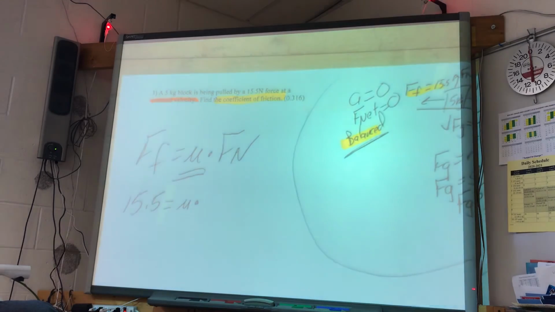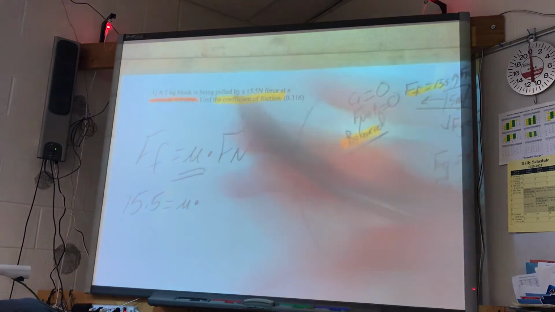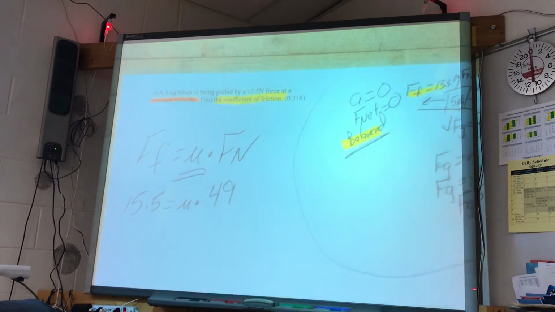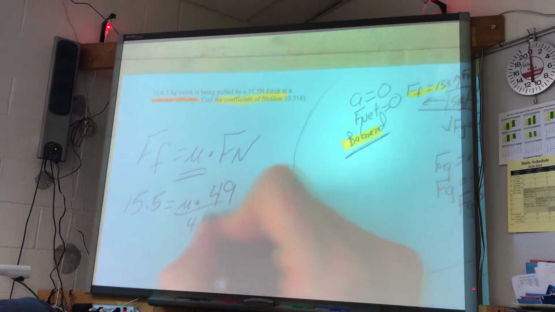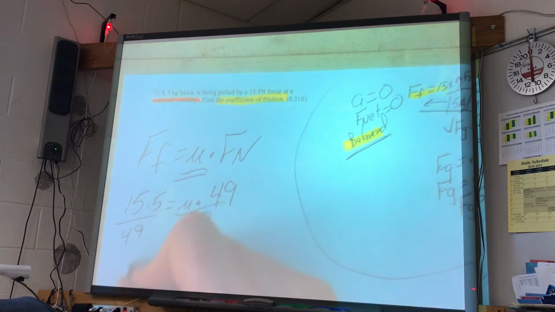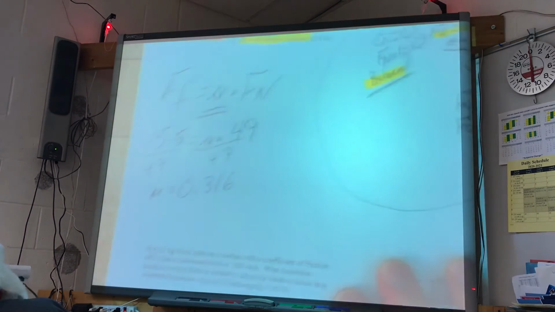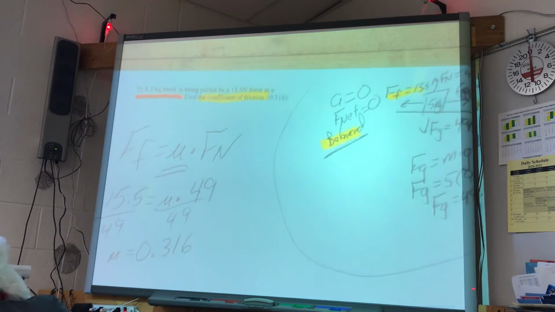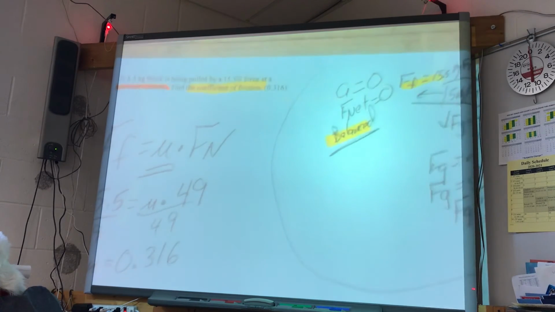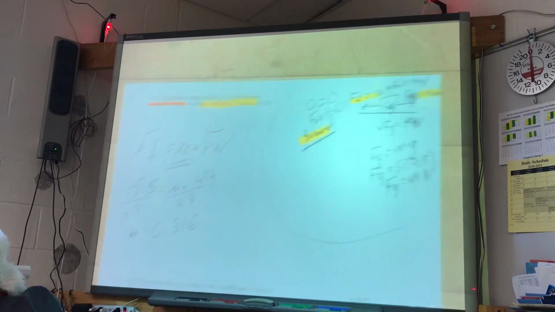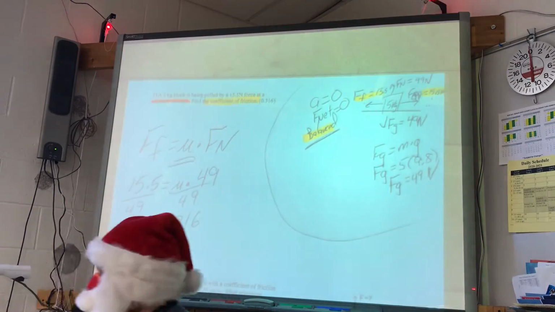Because my forces in the y direction are balanced, my normal force was equal to 49. Divide both sides by 49. Mu is equal to 0.3163 something. It's a coefficient, it's a number. There are no units associated with it.